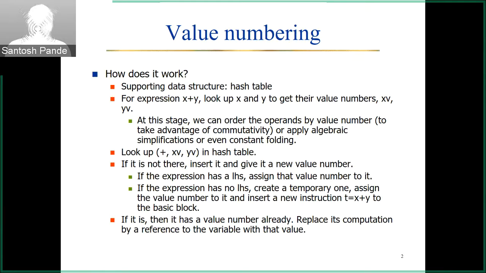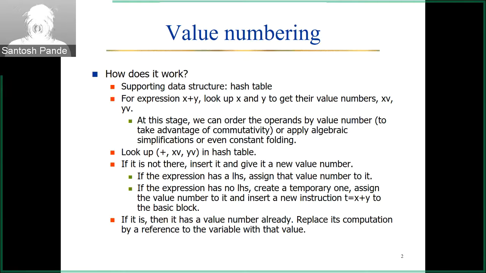So as I was mentioning earlier, each of the names get a value, a number rather. And then when we form an expression, we will generate a unique value number for the result of that expression.